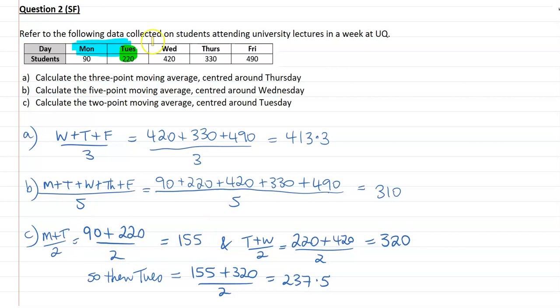Secondly, I have to average Tuesday and Wednesday. So that gives me 320. And then finally, I average those two values, which gives me my centered 2-point moving average around Tuesday of 237.5.